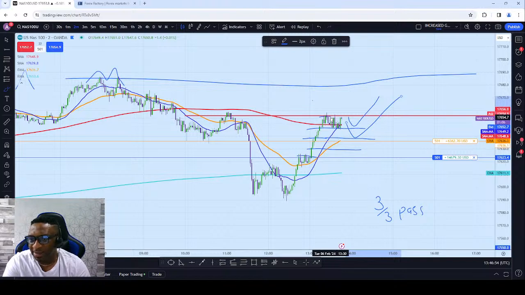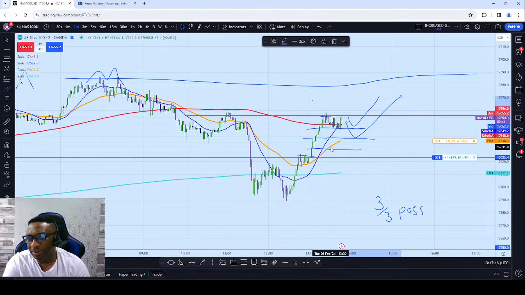So if price has any intention of going up, and if it's strong momentum, it will push to the 1/3 level, then push up, and at times it can push to the halfway level, then push up.